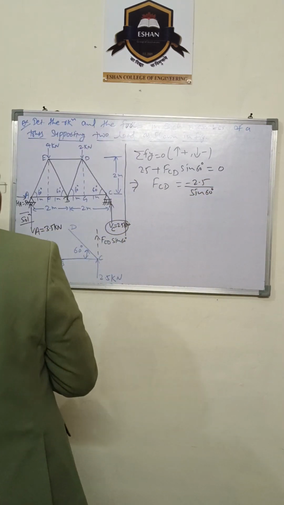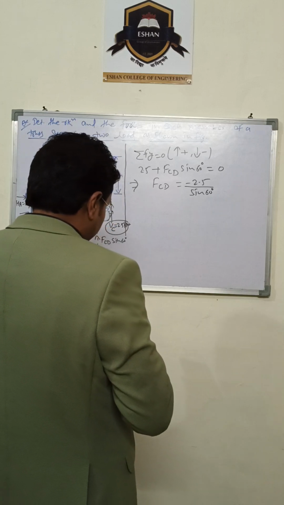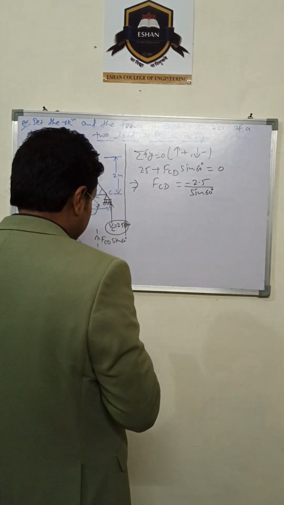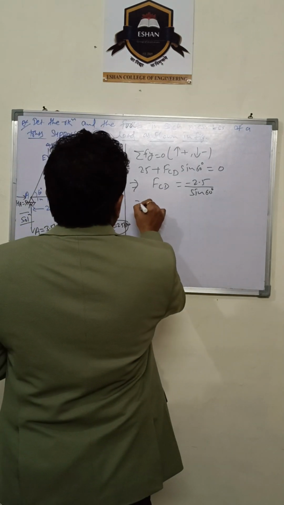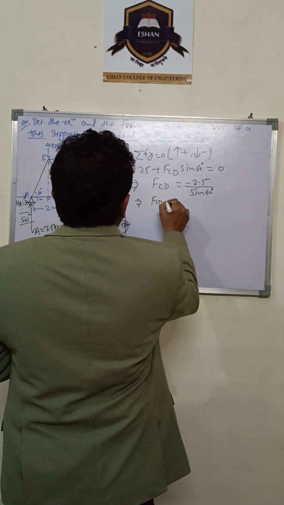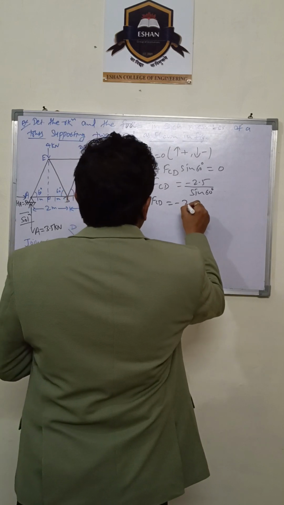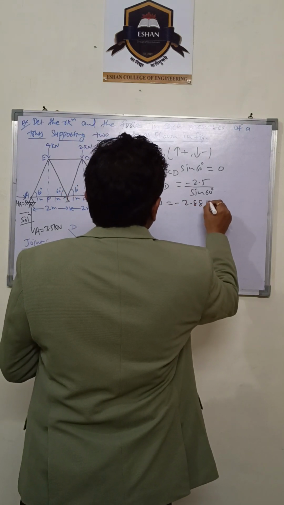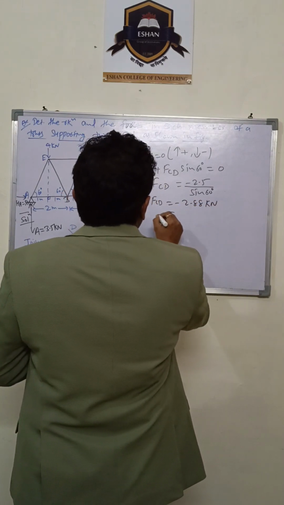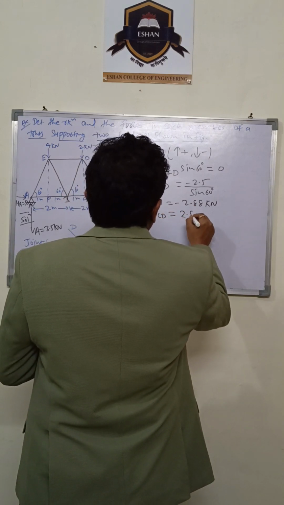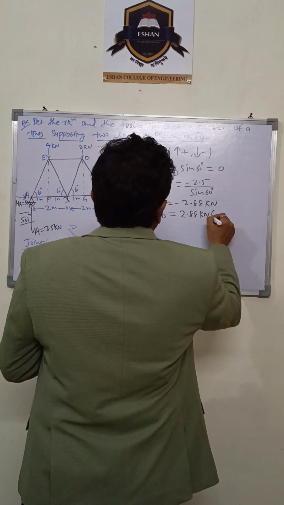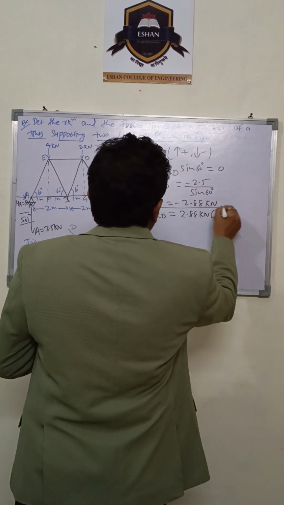Now simply calculate 2.5 divided by sin 60 degree. FCD equal to minus 2.88 kilonewton. The negative sign indicates the member is in compression. 2.88 kilonewton, this is compression in nature.